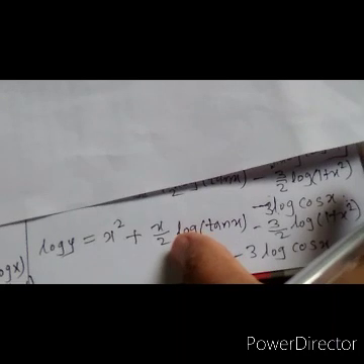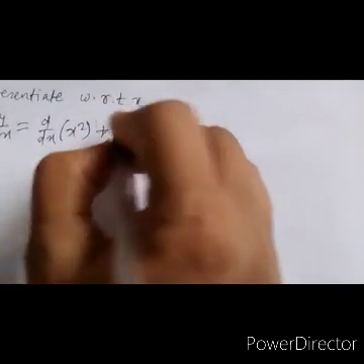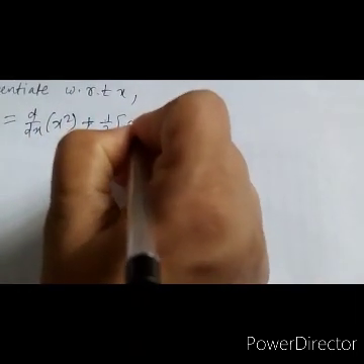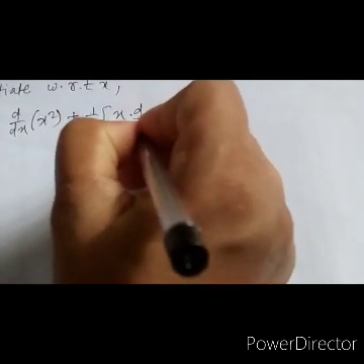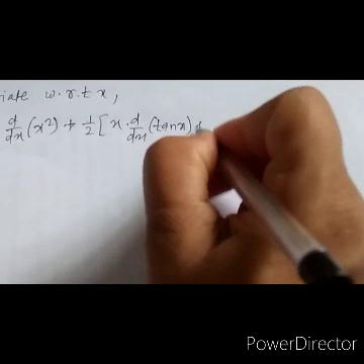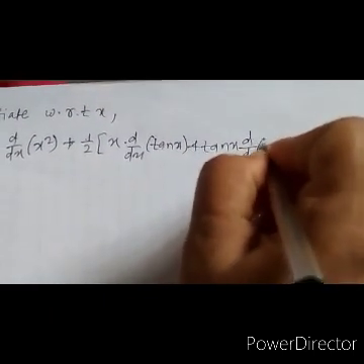Two terms are multiplied to each other, therefore we can write in this way: 1 upon 2 as it is, x is constant, derivative of second, that is tan x, plus tan x is constant, derivative of first.